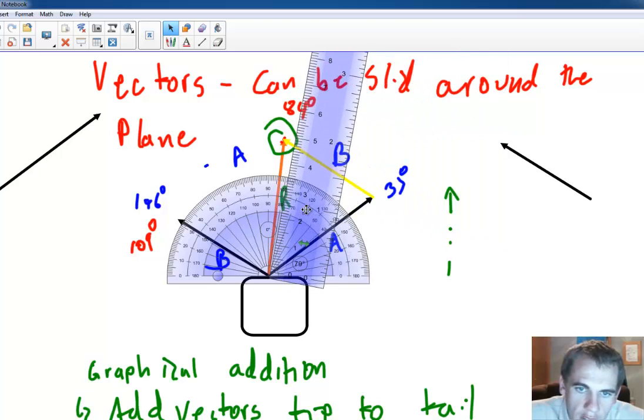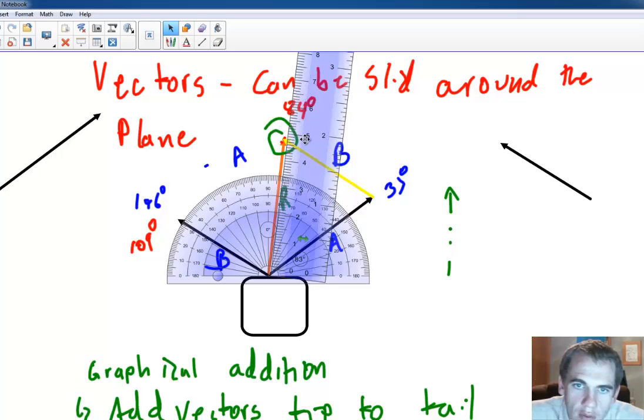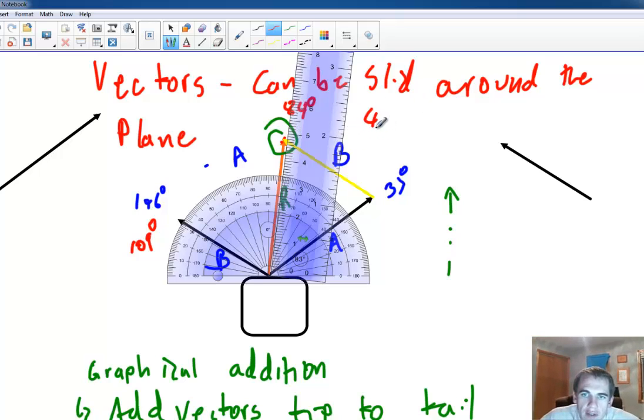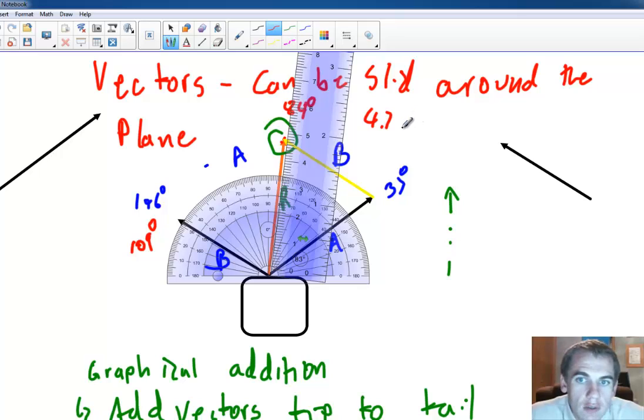Let's see, rotate, rotate, rotate, and it looks like this would be 4.7. Okay, so if it was newtons, if it was meters, whatever those vectors are representing, we just found it. It's 4.7 units.